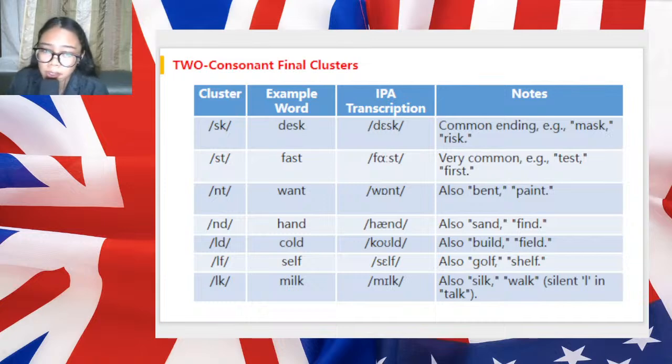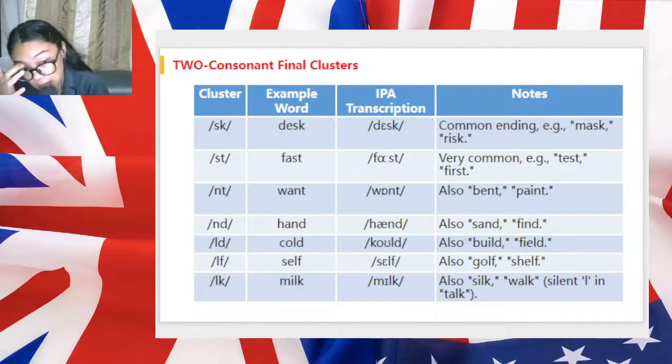Again, your turn, golf. And lastly, we have shelf. Your turn. Next, shelf. Say it again. Okay, very good, everyone. Just focus on the LF ending. That's just how you do it, okay?